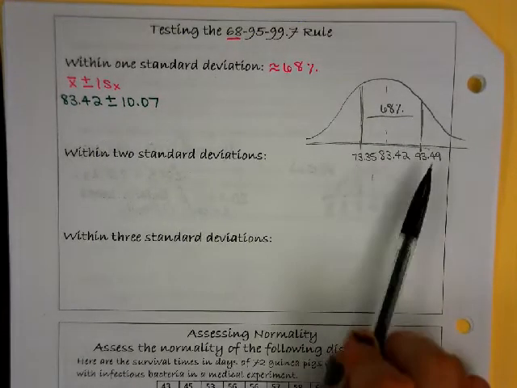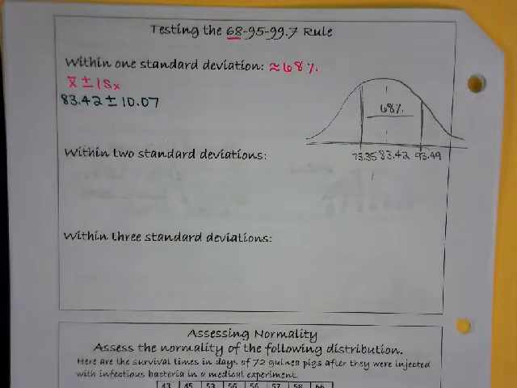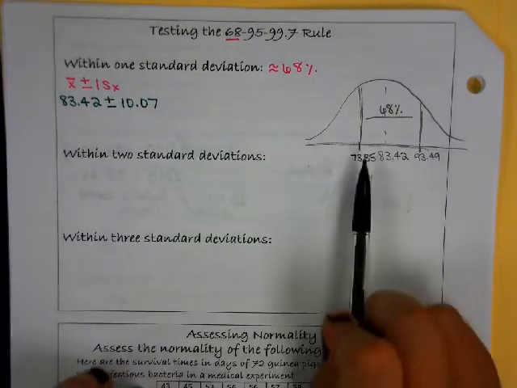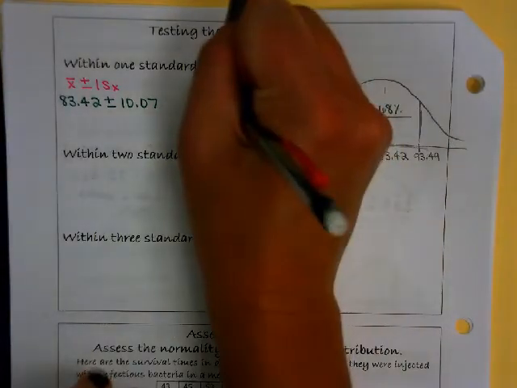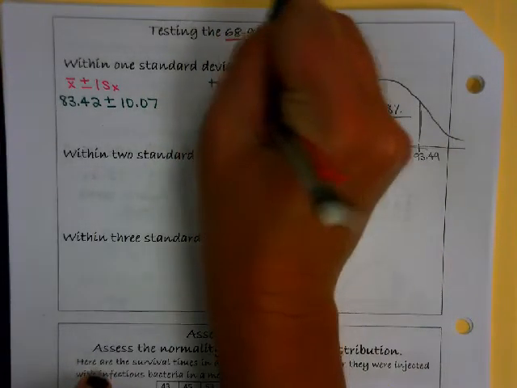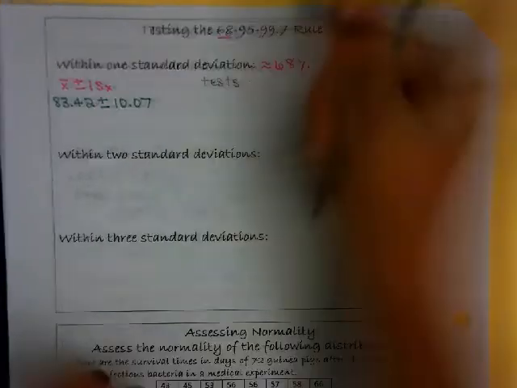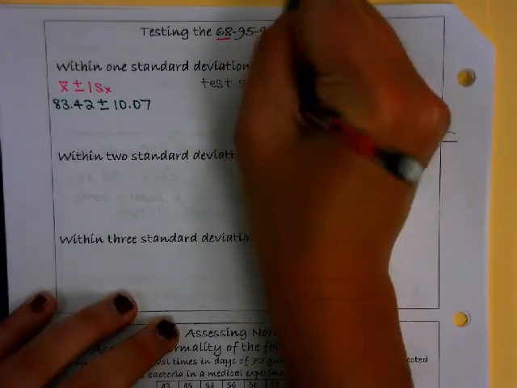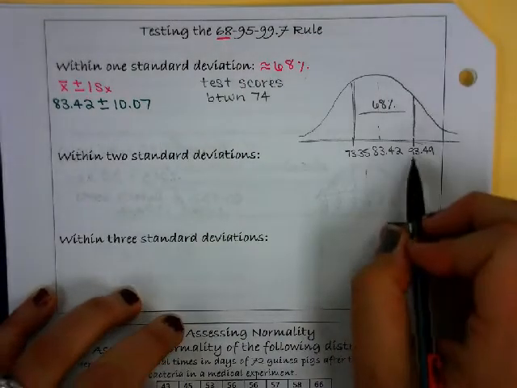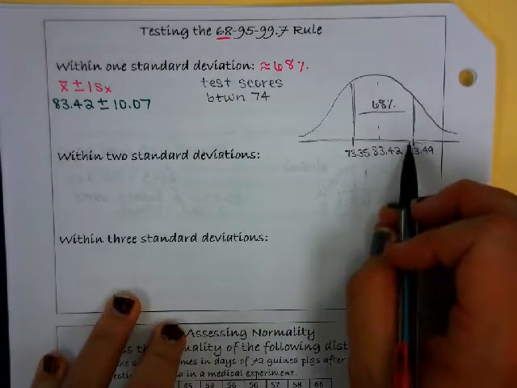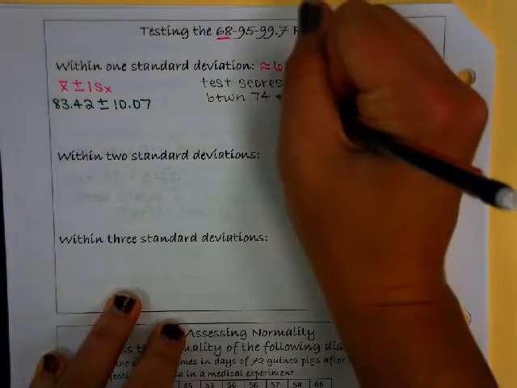A score of 73 would be right outside this range, so we're going to look for test scores between 74 and 93, because we want to be inside the one standard deviation.